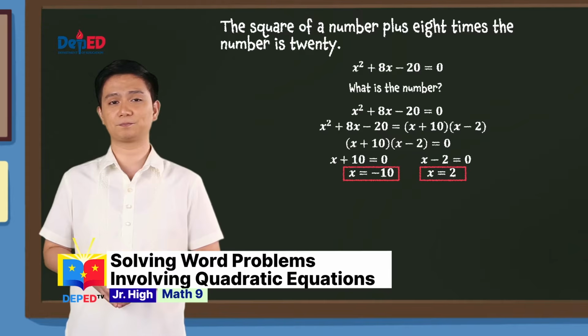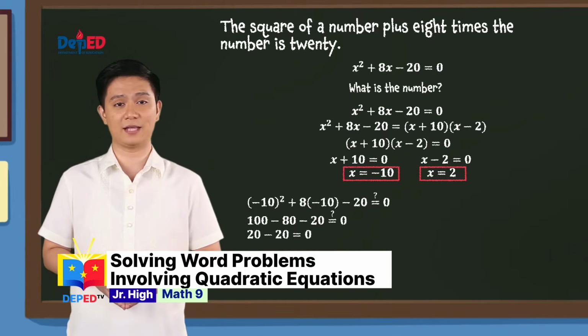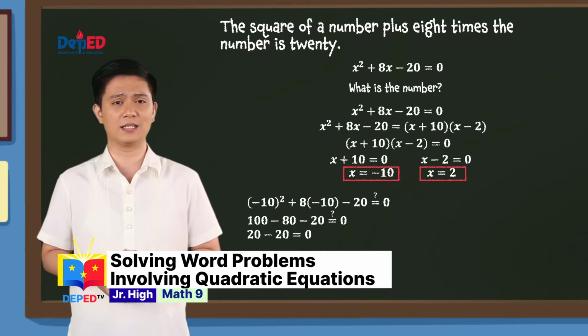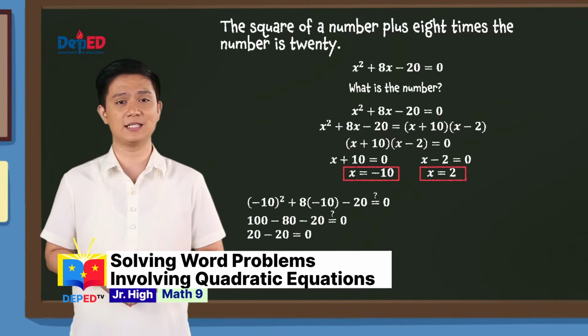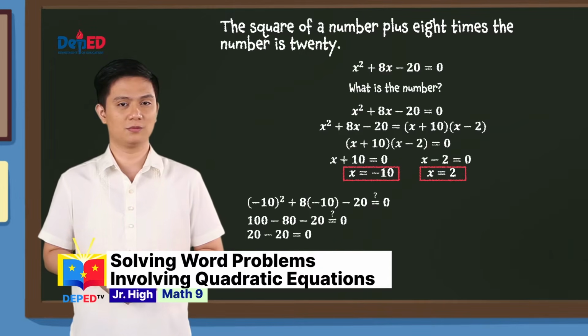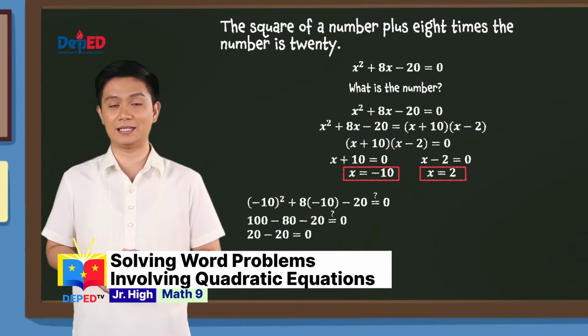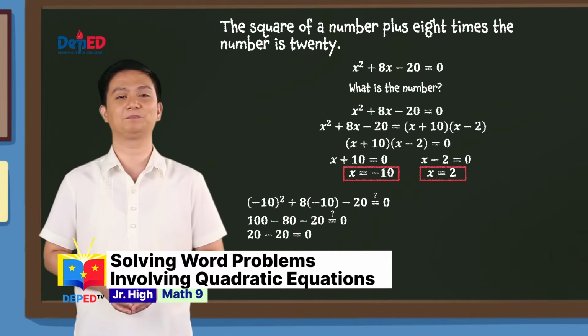So we have the square of negative 10 plus 8 times negative 10 minus 20. Is it equal to 0? Let's see. 100 minus 80 minus 20. Is it equal to 0? So we have 20 minus 20, and it is indeed equal to 0. So negative 10 is correct.